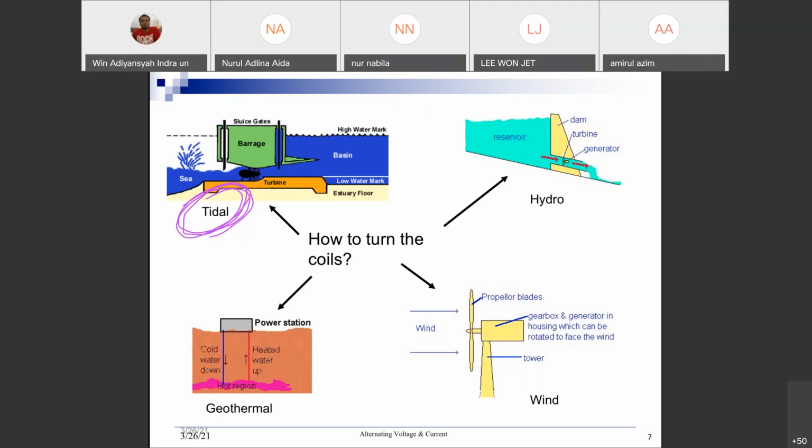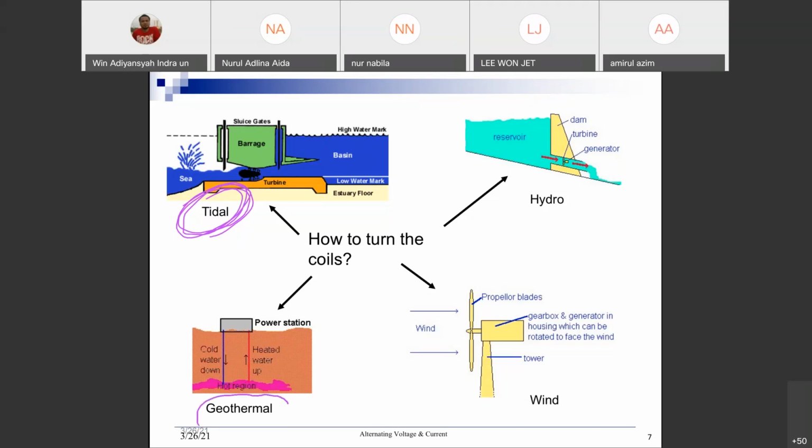We utilize the difference. In the picture, you can see the high water mark and the low water mark. The pressure is going to produce, and of course there's a turbine below, the AC by turning the coil.